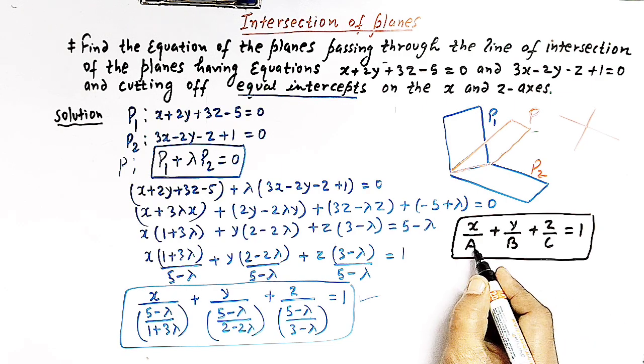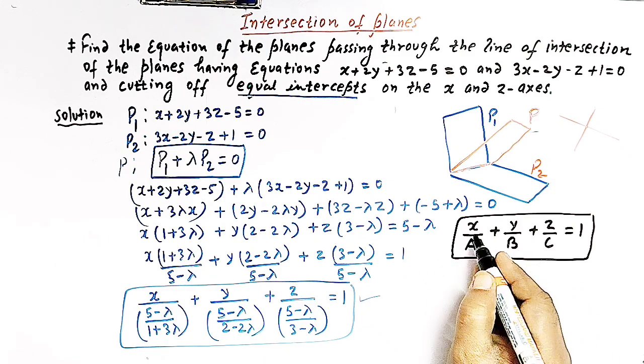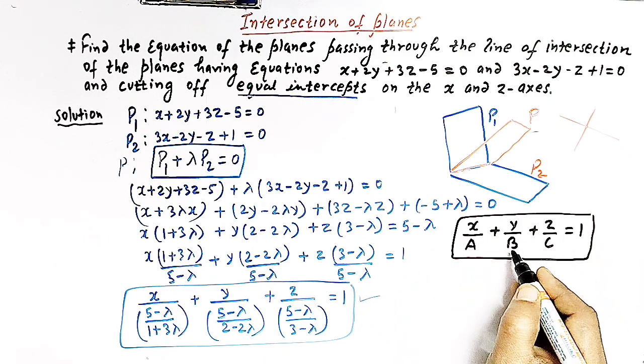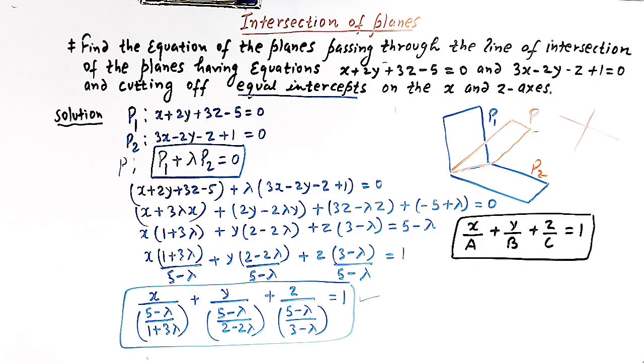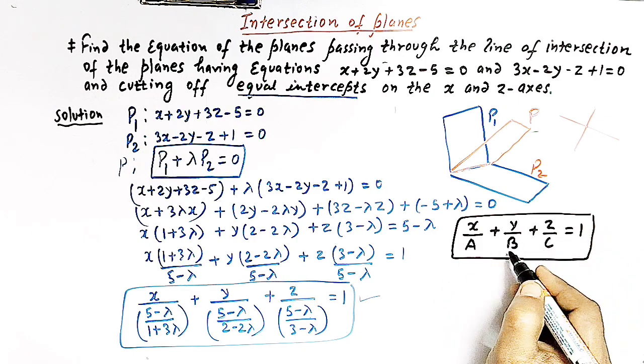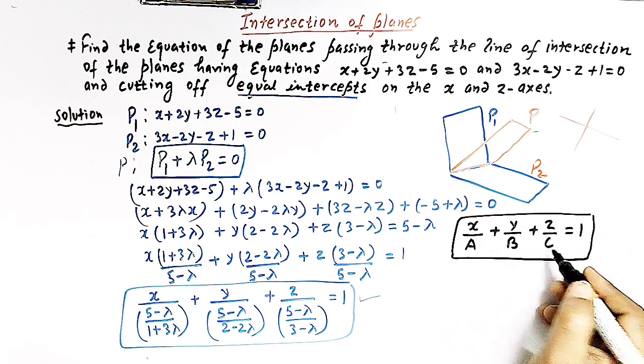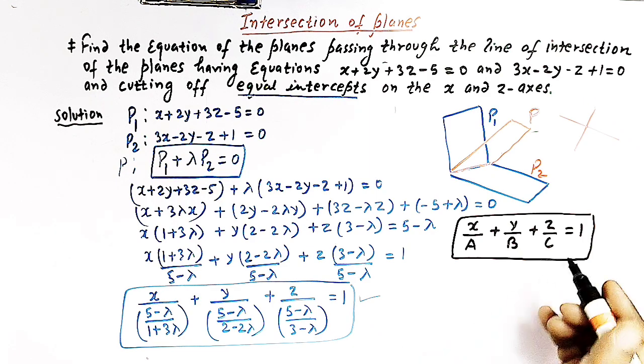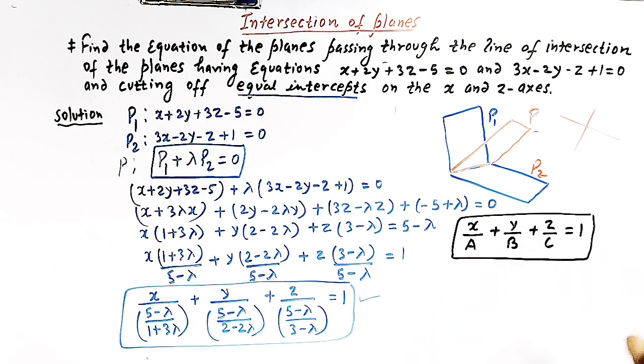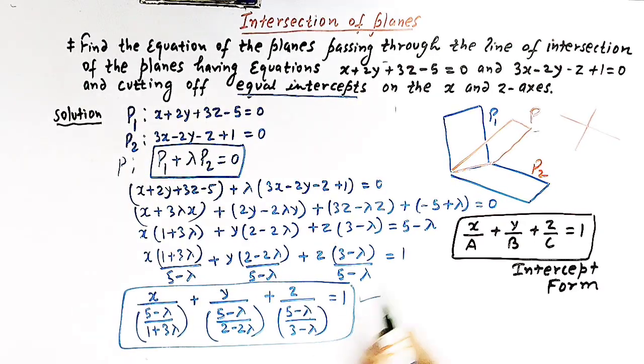So a is the length of the intercept cut by the plane on the x-axis, b is the length of the intercept cut by the plane on the y-axis, and c is the length of the intercept cut by this plane on the z-axis. Now the equation of the plane P in the intercept form is given by this equation, right?